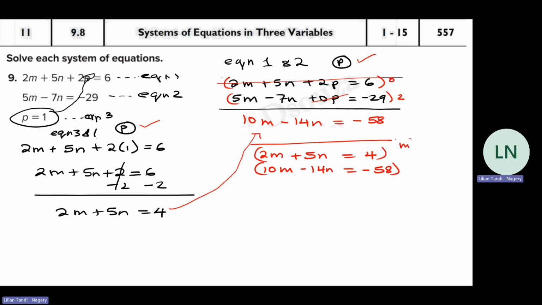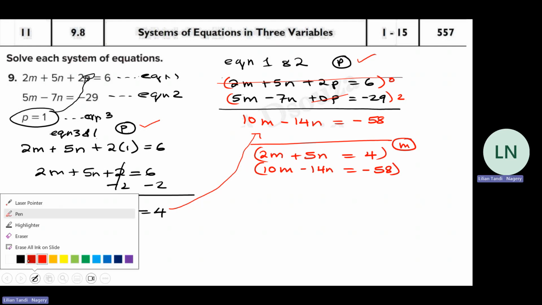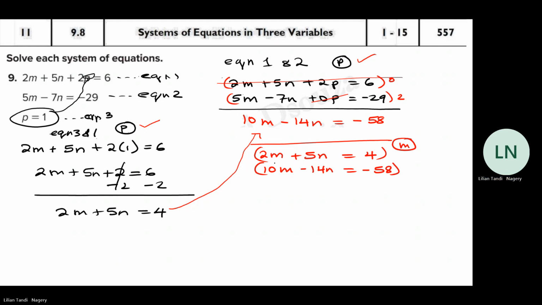I am eliminating m. Okay? So this will be 10, here will be 2. 20m, 20m. 50n, 28n.